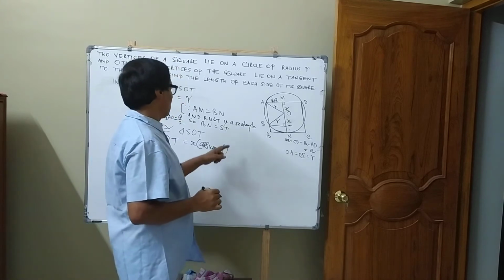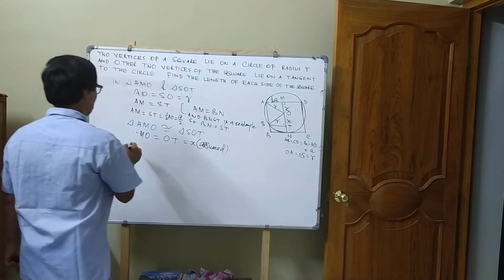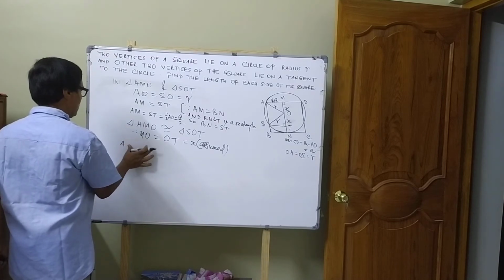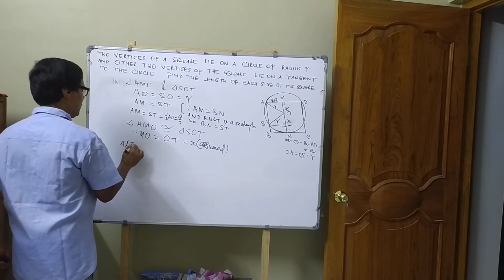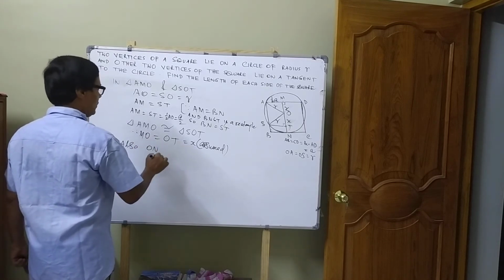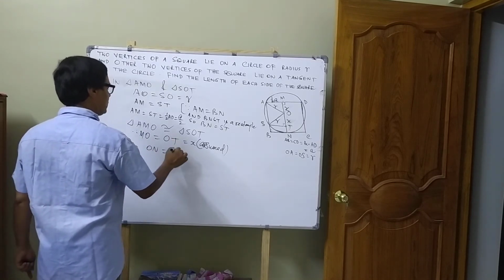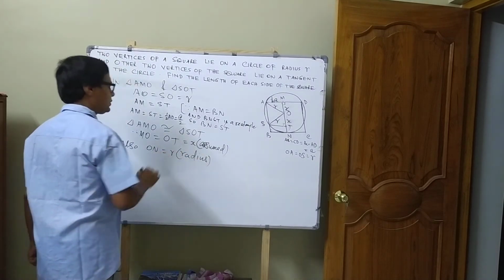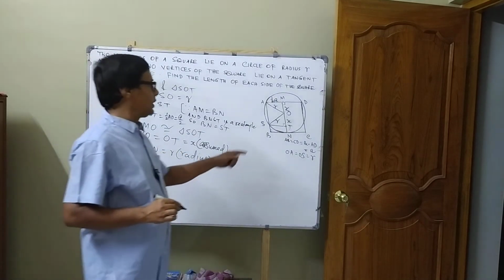So the length of ON is equal to R. This is also a radius.